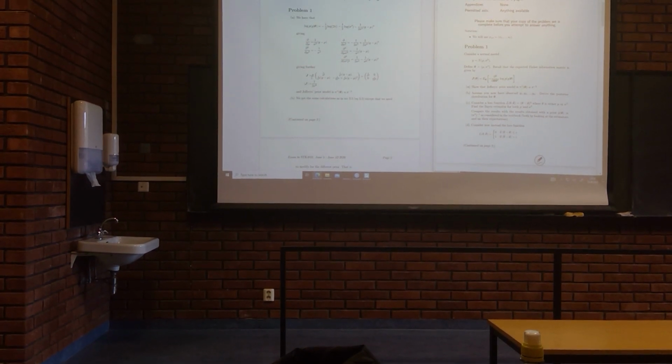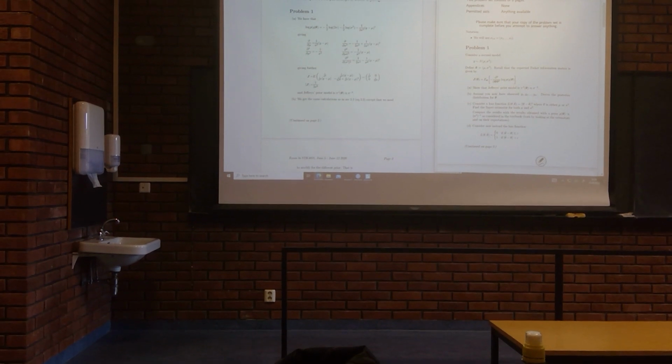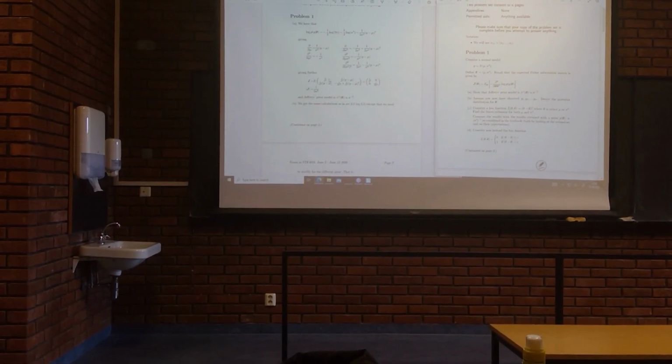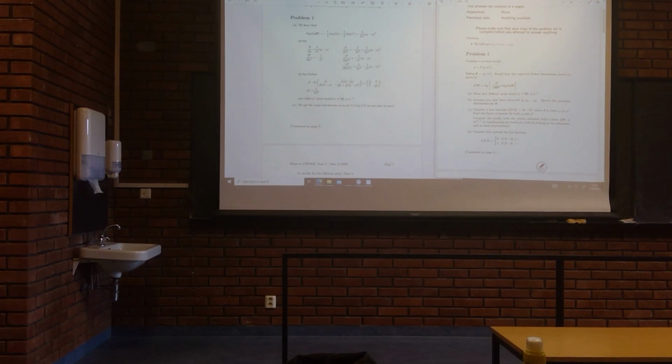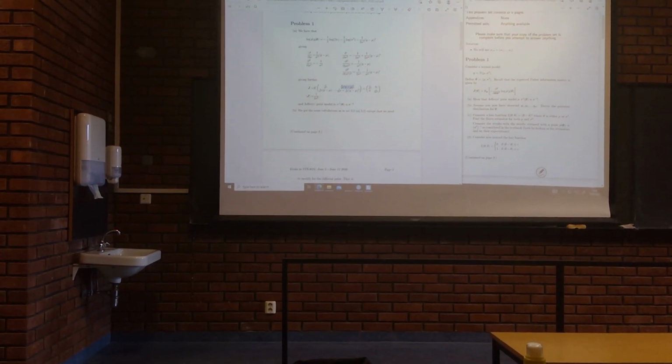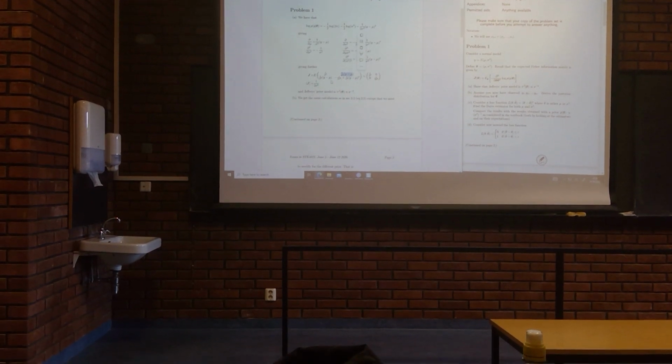Then we need to take the expectation of that, and we see that the first term on the diagonal doesn't depend on the data at all, so the expectation is itself. For the off-diagonal term, the expectation of y is mu, so we get mu minus mu, which is 0.